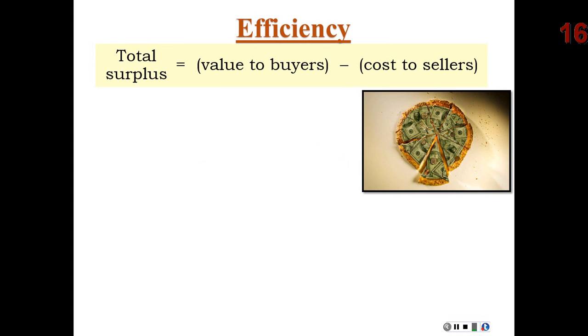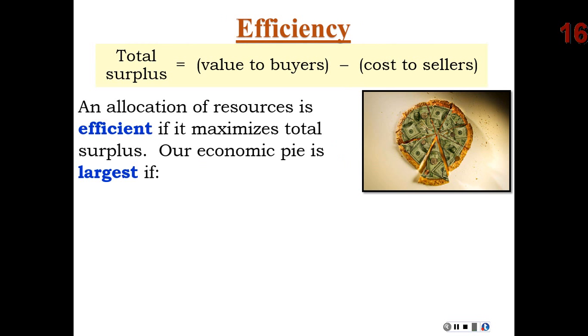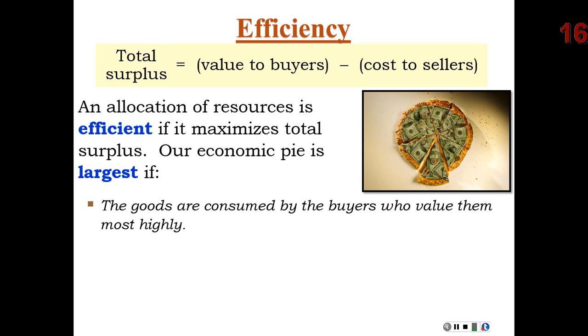So again, total surplus is value to buyers minus cost to sellers. Okay, an allocation of resources is efficient if it maximizes total surplus. Our economic pie is the largest if total surplus is maximized, and if the goods are consumed by the buyers who value them the most highly. If the consumers who value the goods the most highly are the ones actually consuming it, then you're maximizing consumer surplus.